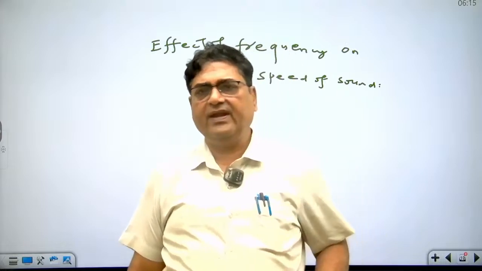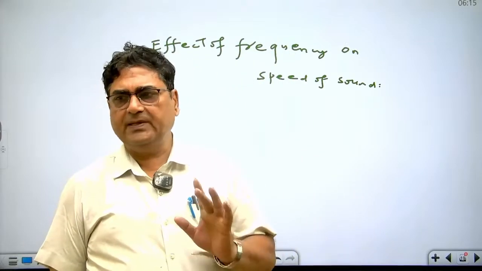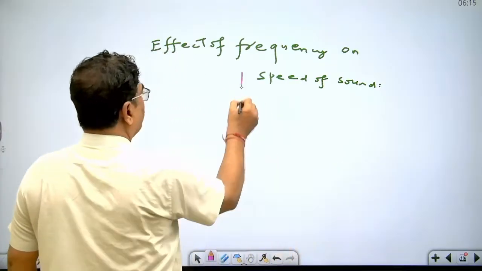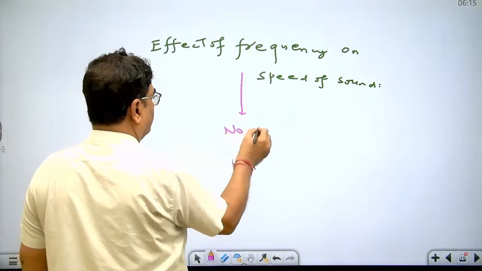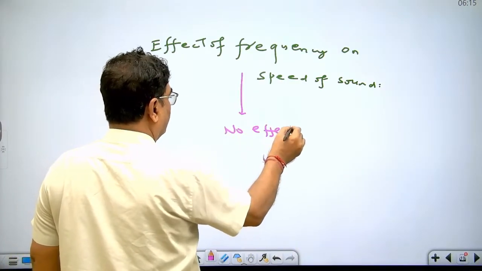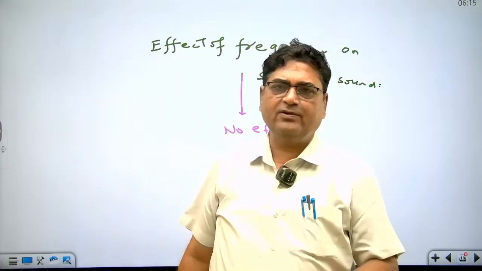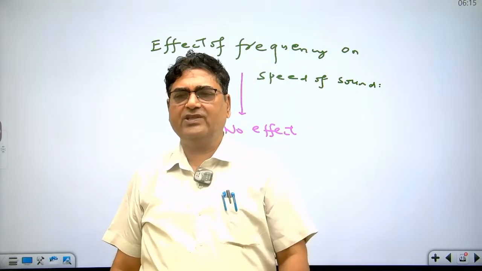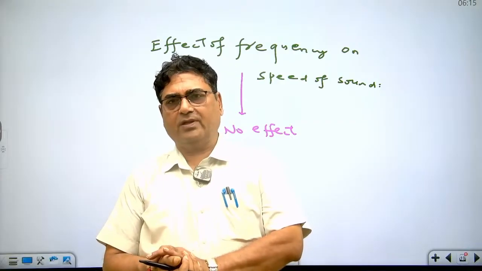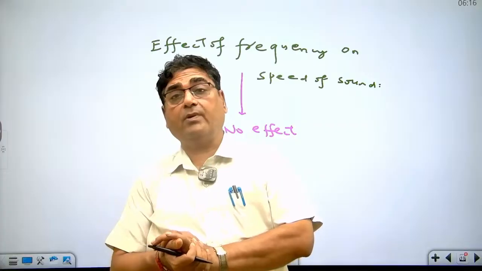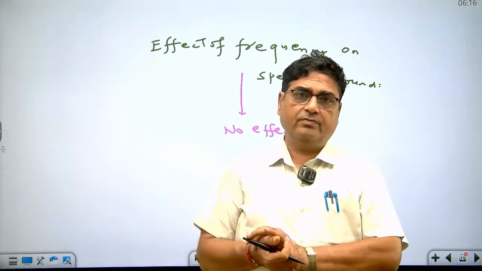So there is no effect of frequency on speed of sound. No effect. Had there been some effect of frequency on speed of sound, we could not have enjoyed our orchestra program. Okay. So dear student, this was all about how to calculate speed of sound in a medium.